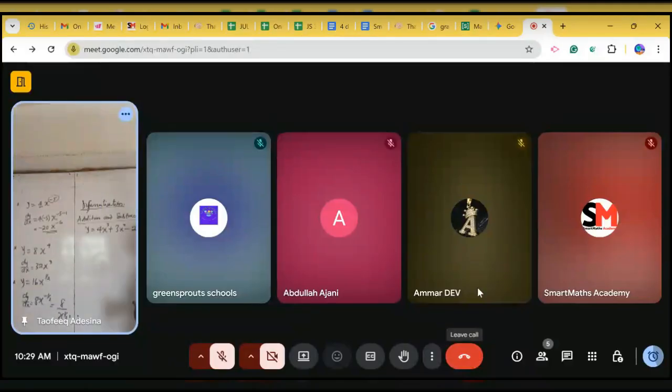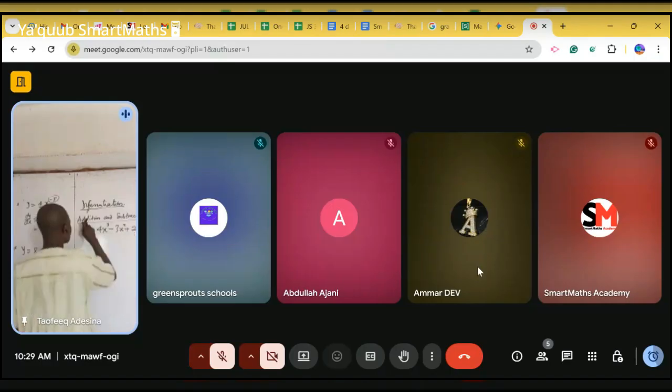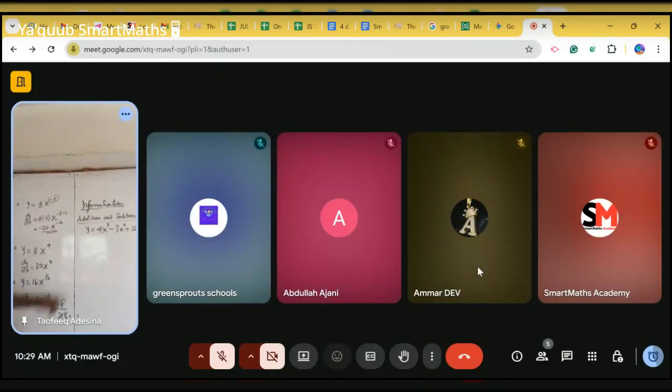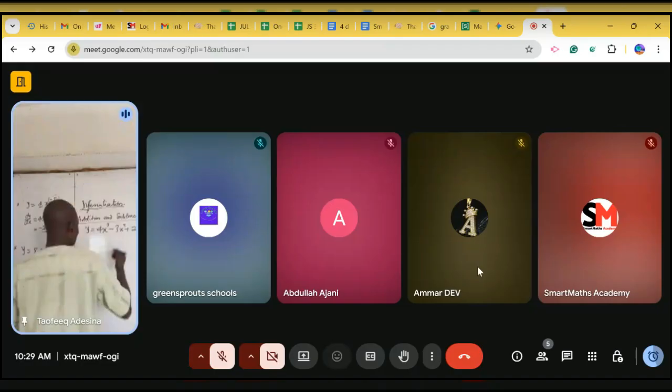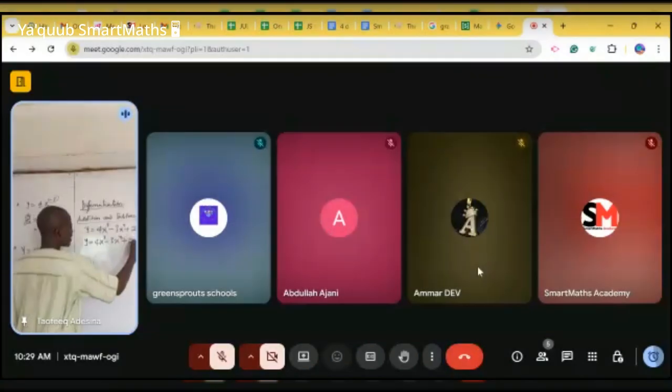Let me use subtraction because I am using addition and subtraction. When you have a constant, it's supposed to have an x there. If you write it out, y equals 4x cubed minus 3x squared plus 2x raised to the power 0.